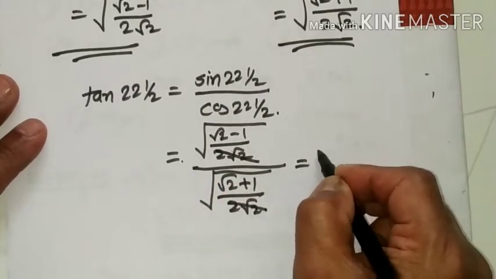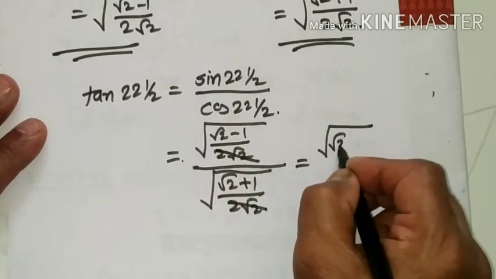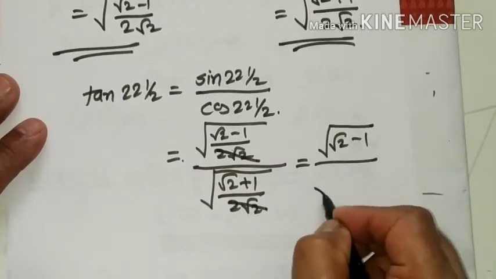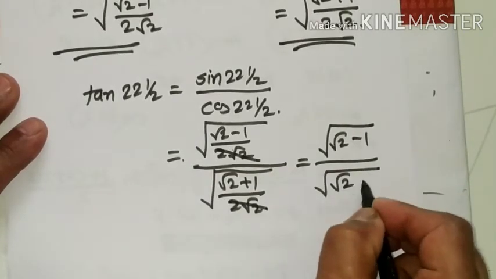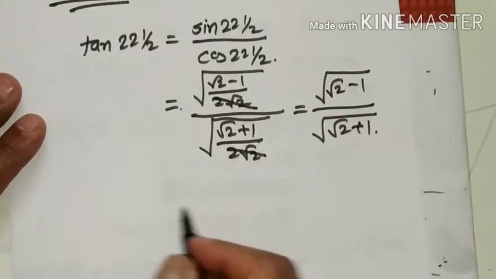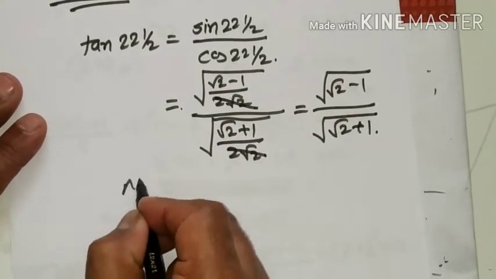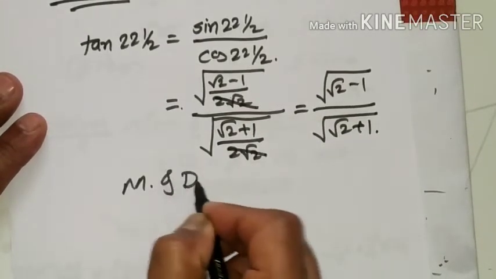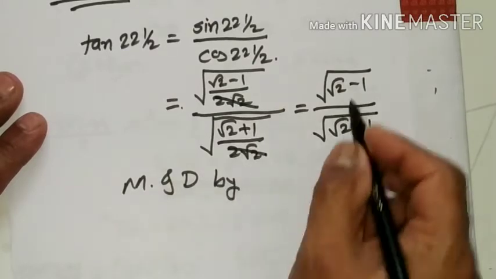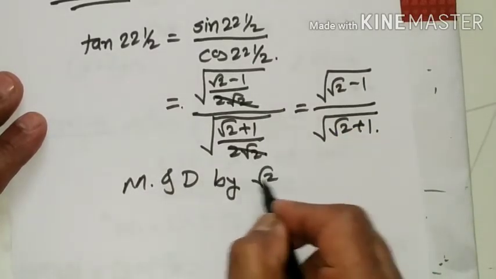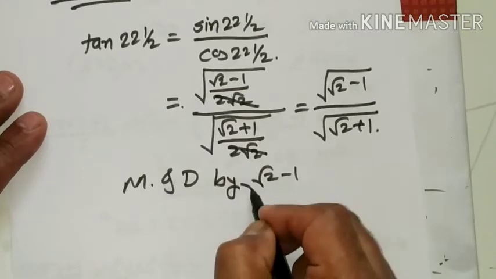We get root 2 minus 1 divided by root 2 plus 1, multiplied and divided by root 2 minus 1.